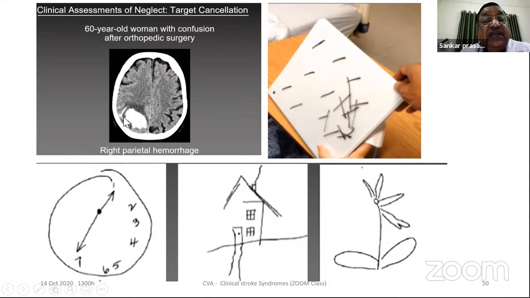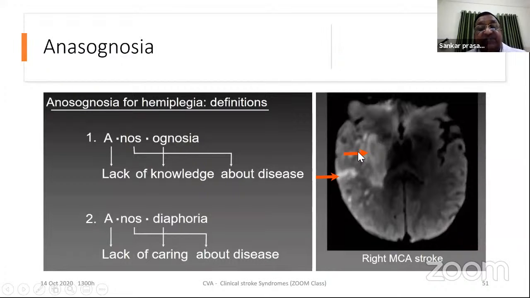See, in the right parietal hemorrhage seen on CT scan, the CT is the reverse of MRI, sidewise, and you ask him to make a cross across these lines, he will do it only on the right side. Suppose with an eraser you erase all these, he starts doing it on the right side only, leaving the left side. So the visual attention shifts are important.